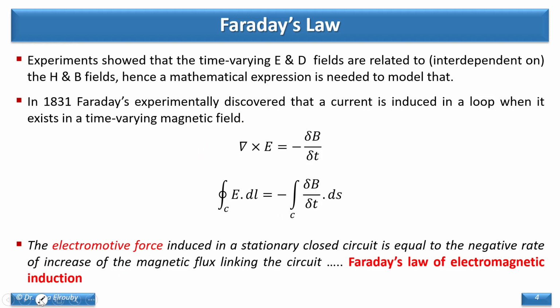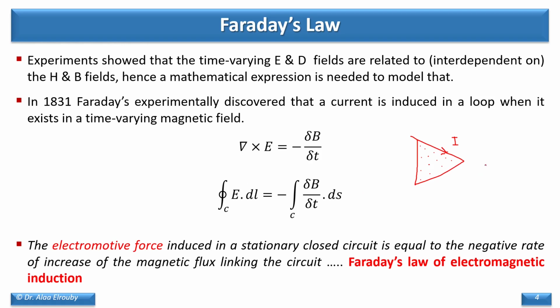So let us assume that we have any kind of loop, a rectangular loop in this case, and this rectangular loop exists in a magnetic field that is varying with time. The observation is that there will be some current I induced in this loop because of this time varying magnetic field.